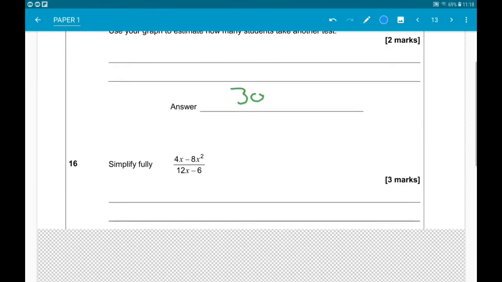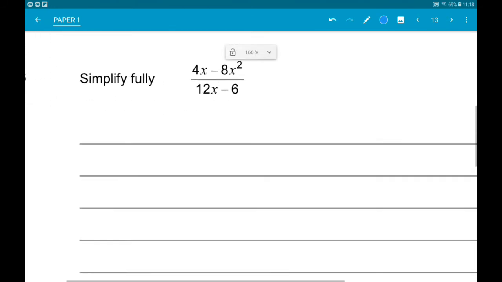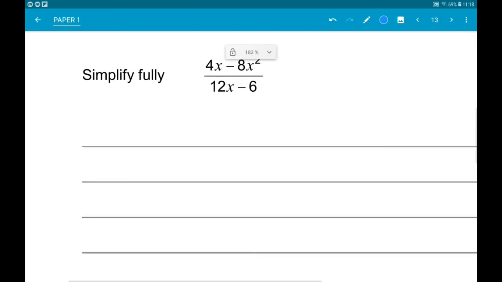Okay, then number 16, quite a tricky algebraic fraction. If you want more practice on these guys, algebraic fractions playlist down below. So we want to simplify fully 4x minus 8x squared over 12x minus 6. So the trick with algebraic fractions is to first of all factorise. So up on top we have a common factor of 4, so we'll just worry about the numbers first.